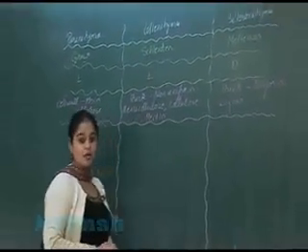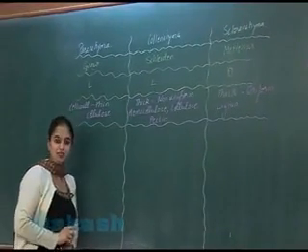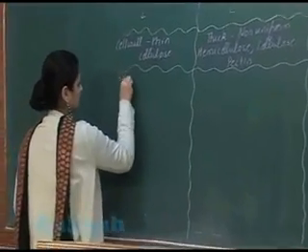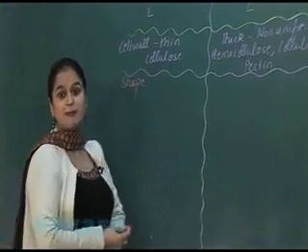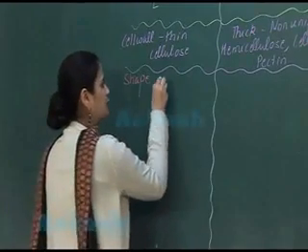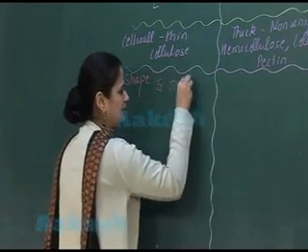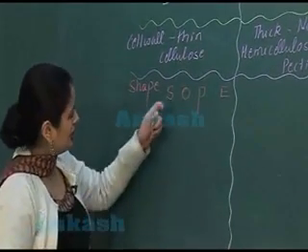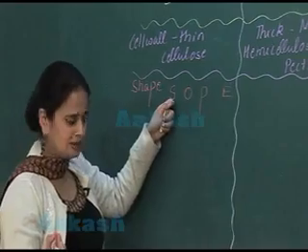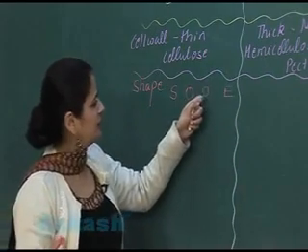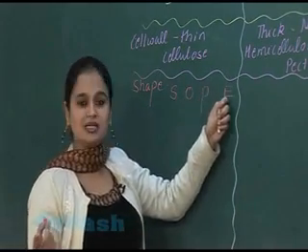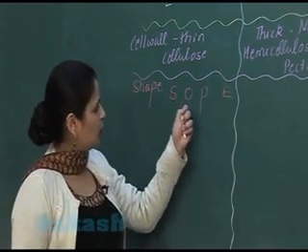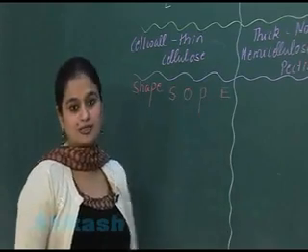Now, after the cell wall, we will be looking into the shape of these cells. Shape. Parenchyma. Now, four types of the shape are generally seen. That is, S is spherical, O is oval, P polygonal, and this is elongated. Please write it down yourself. Spherical, oval, polygonal, elongated.